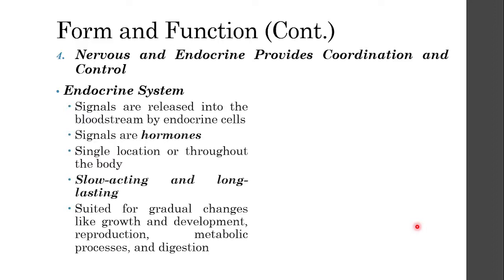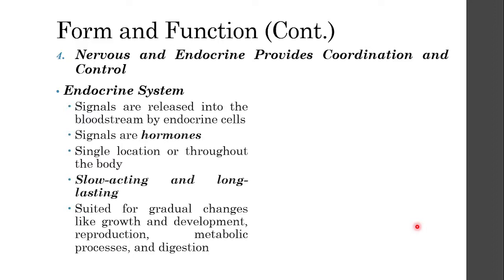That is very taxing for your body. So the endocrine system is the one responsible for releasing your growth hormones. You cannot probably see the effect quickly, but over time you will see that you keep growing and growing and getting taller. So those are the things that the endocrine system is used for.